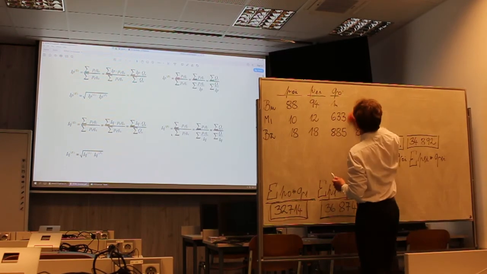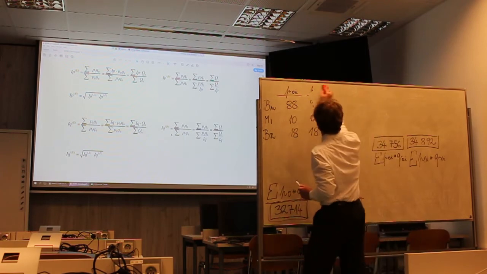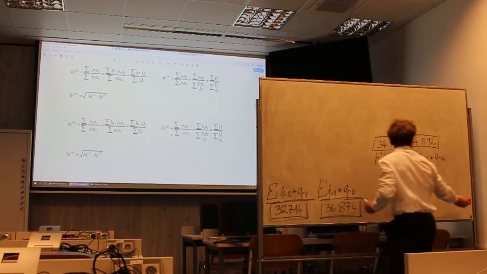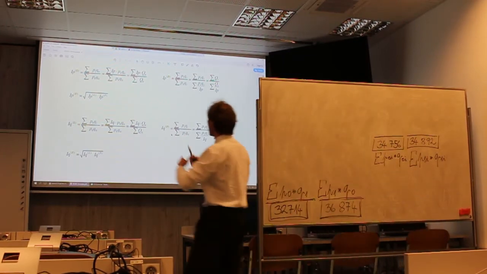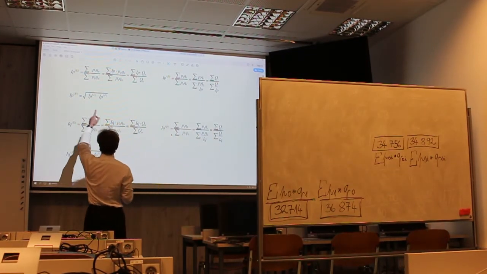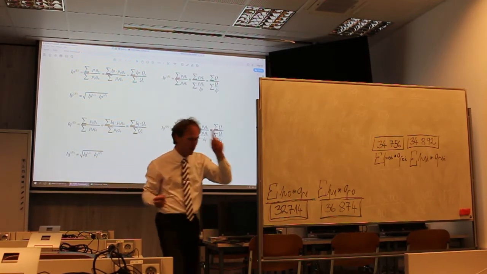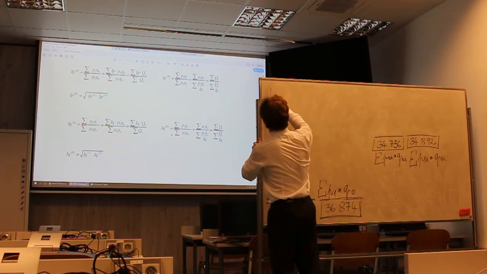So we don't need this table anymore, and we will check our formulas and rewrite the most important formulas on the whiteboard. We will start with price indices.